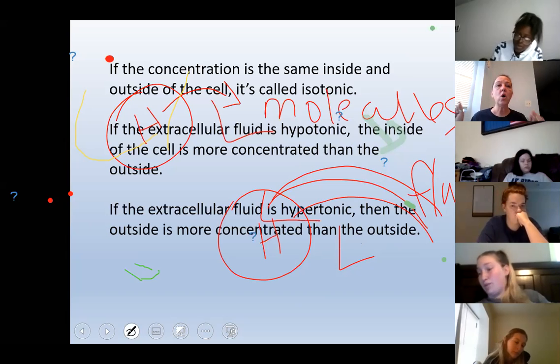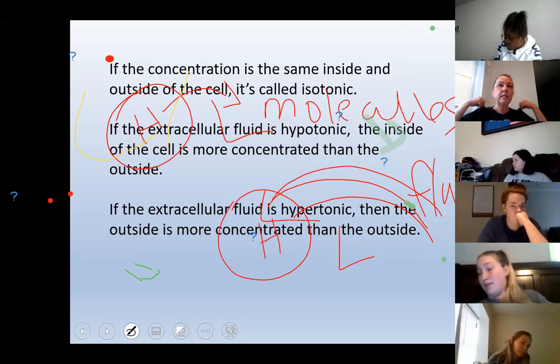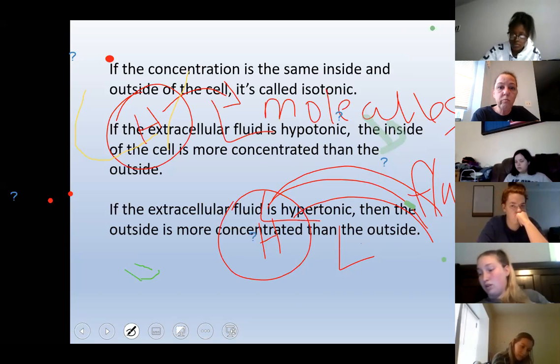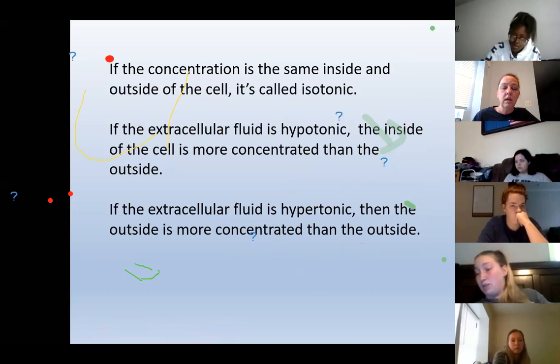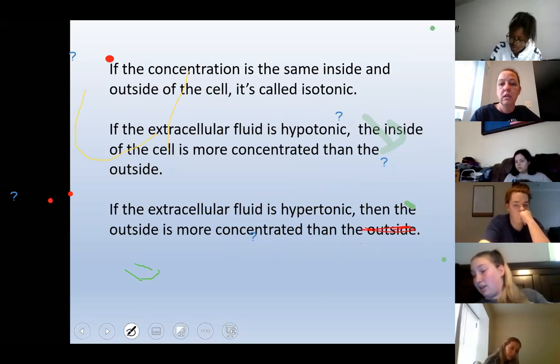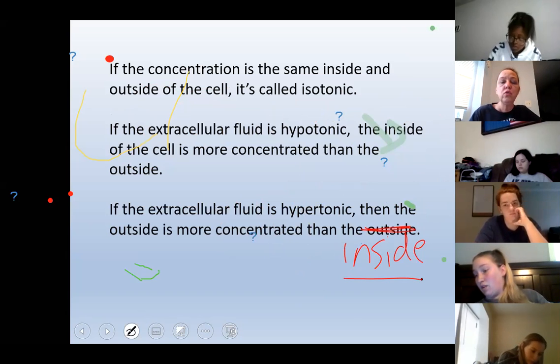Is everybody okay with the conceptual differences between diffusion and osmosis? Yes. Some of you who are of age may know about a fun trick that you can do with gummy bears.